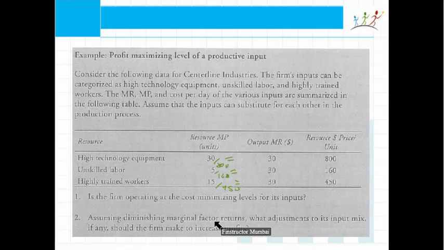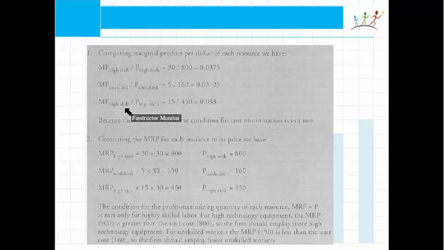Incremental labor was not as productive. What adjustments to its input mix, if any, should the firm make to increase profits? So what should the firm do to its input mix? It should change from unskilled workers to high technology equipment.